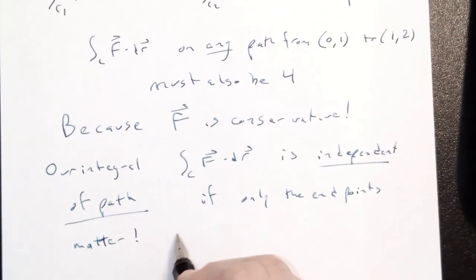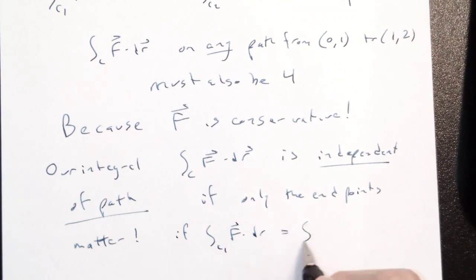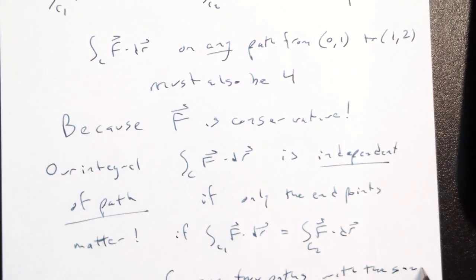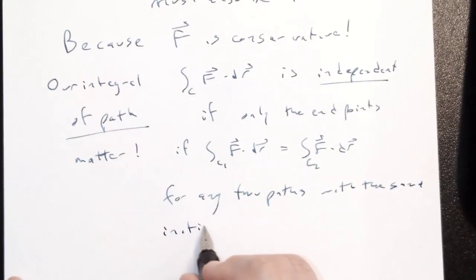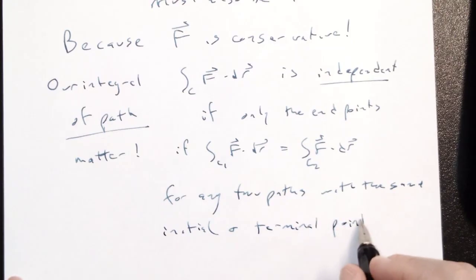Or another way to say it is if the integral over C1 of f dot dr equals the integral over C2 of f dot dr for any two paths with the same initial and terminal points. If it doesn't matter how I get there, just where I start and where I end, that's path independent.